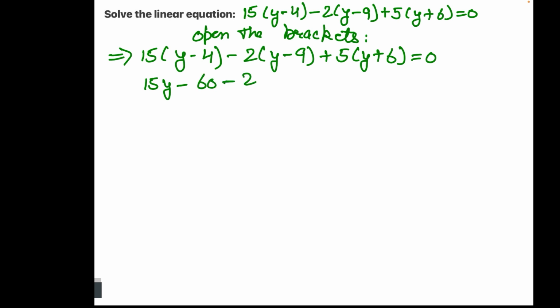Minus 2 into y, 2y. Minus into minus becomes positive. 2 times 9 is 18. Plus 5 into y, 5y. Positive into positive is always positive. 5 times 6 becomes 30 is equal to 0.